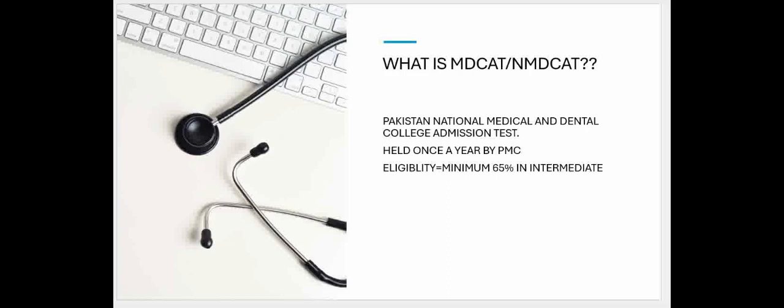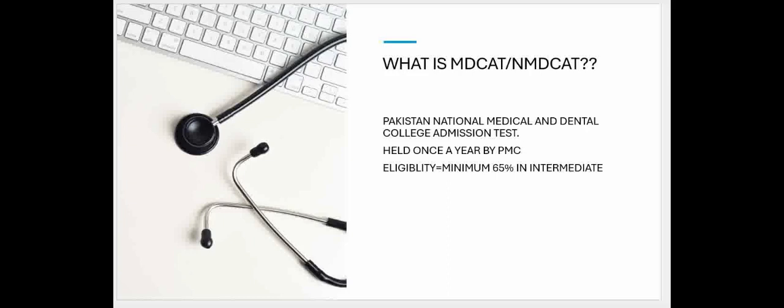As this page says, the MDCAT has an eligibility criterion, which is 65% marks in intermediate. You can't sit for the exam unless you have 65% or more in intermediate. Meanwhile, this isn't a criterion for IMAT. Some universities might have this, like when you send them the enrollment and everything, they might check it.